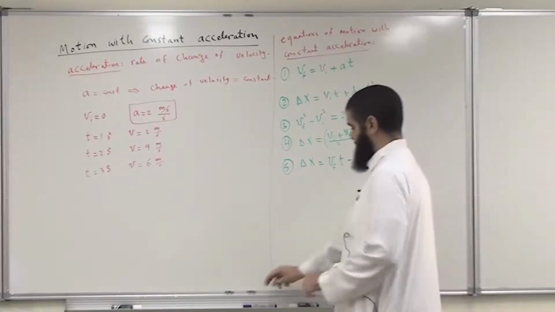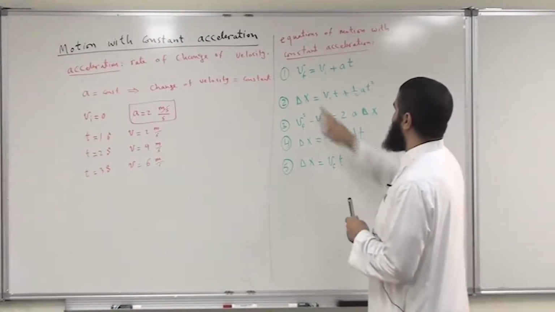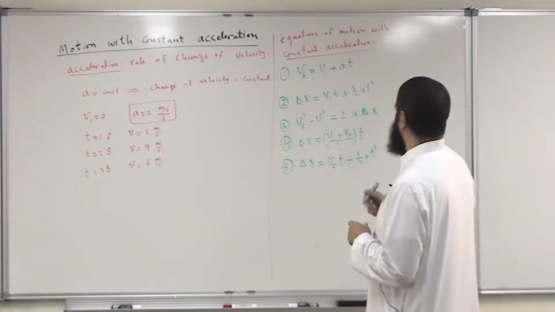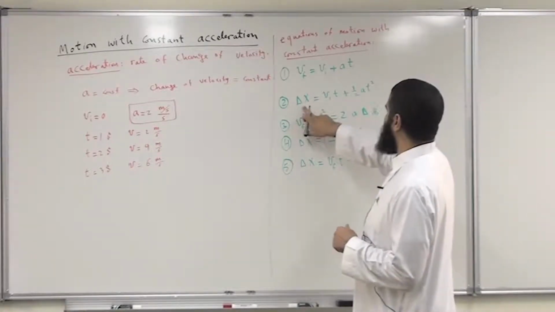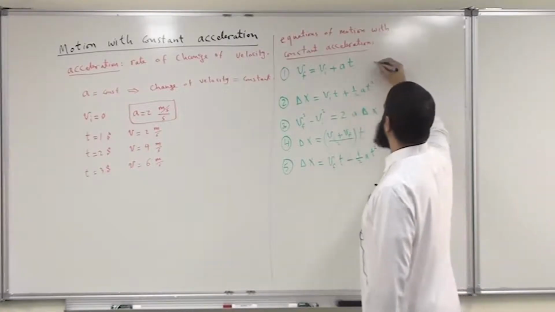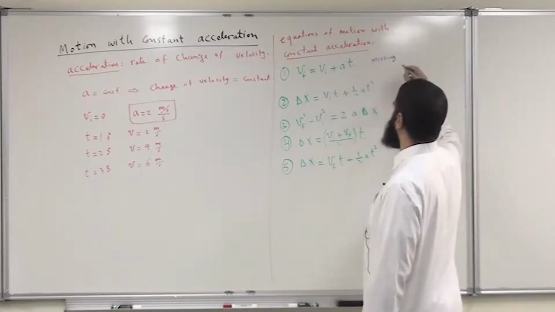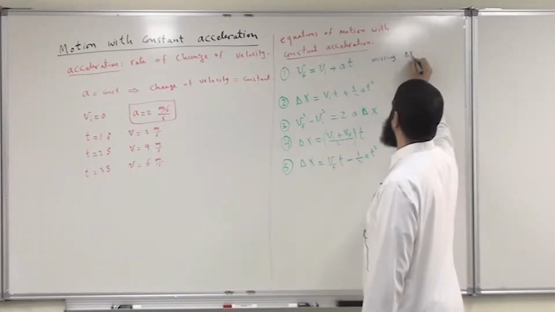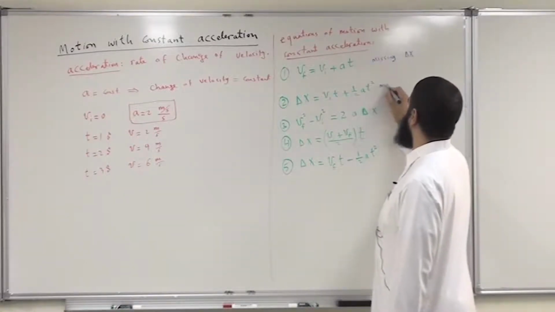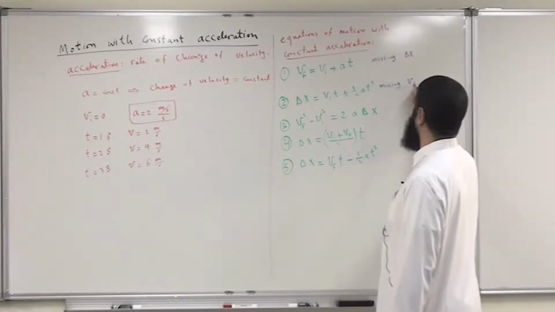If you see these equations, we can recognize the following. Here we have 1, 2, 3, 4 physical quantities. And here also, in equation number 2, we have 1, 2, 3, 4 physical quantities. If you notice, there is one missing quantity here, which is delta x. If you look at the second equation, what is missing? We miss the fifth quantity, which is v final.